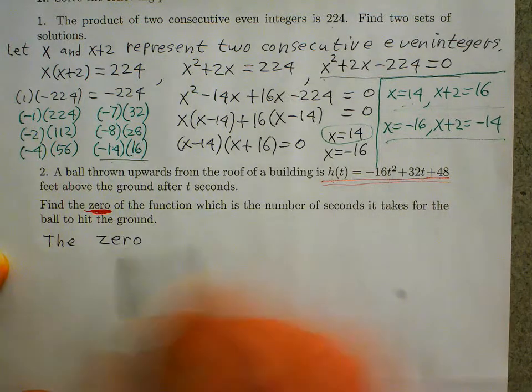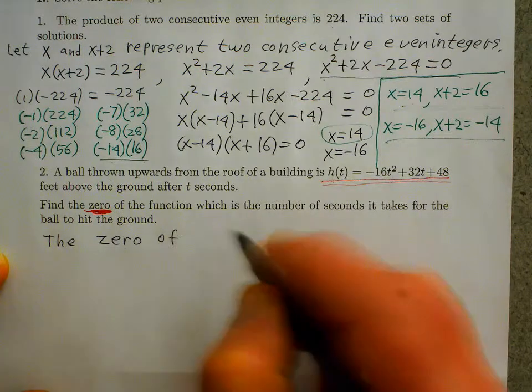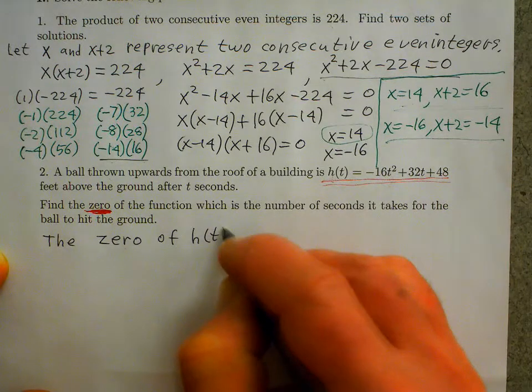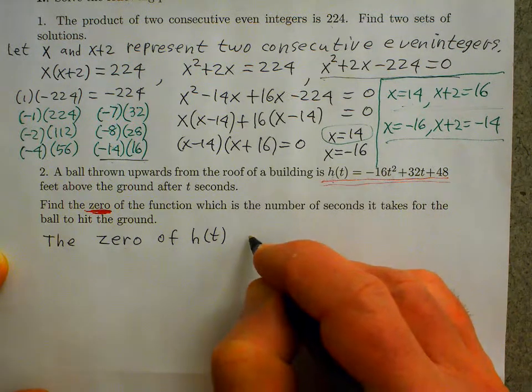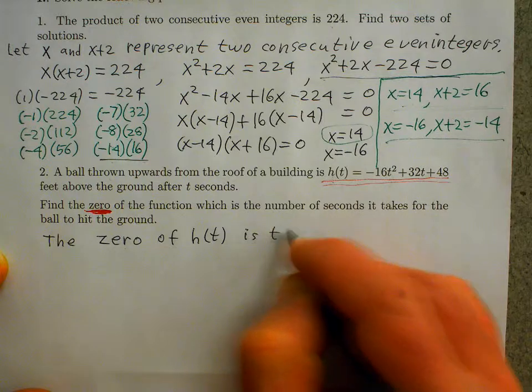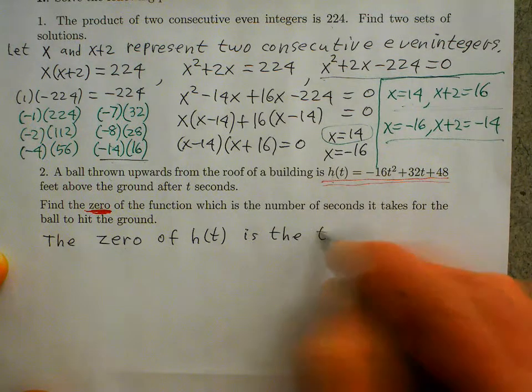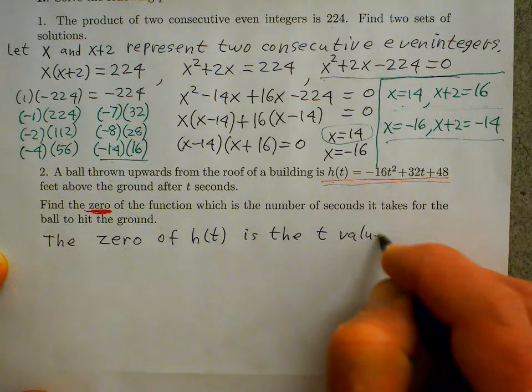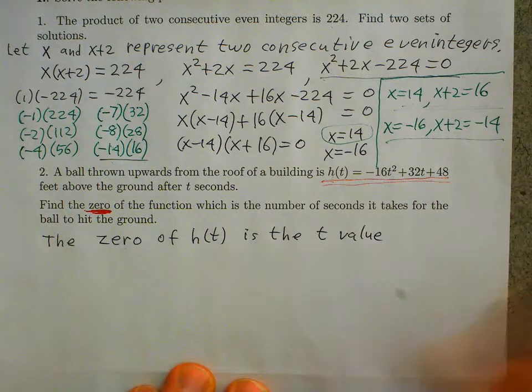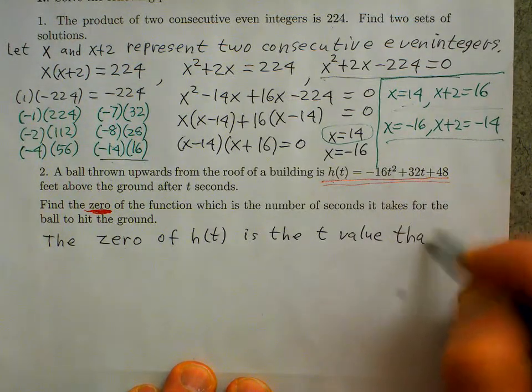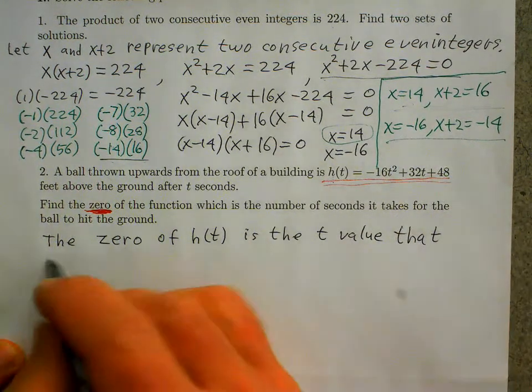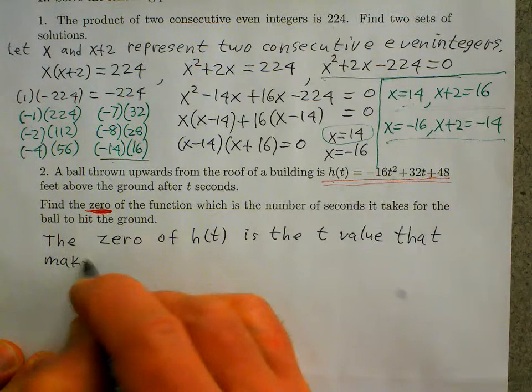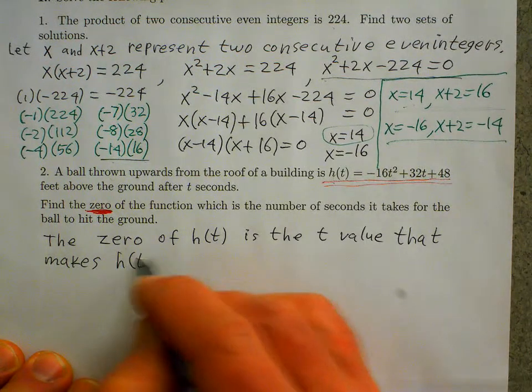So the 0 of h of t is the t value that makes h of t equal to 0.